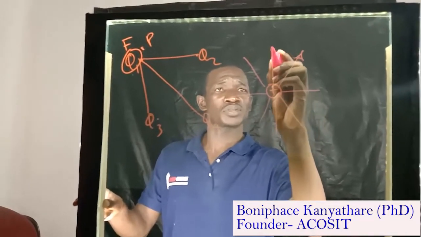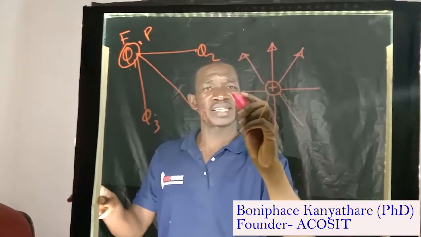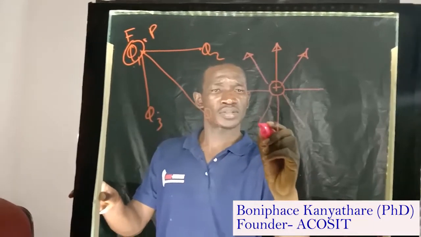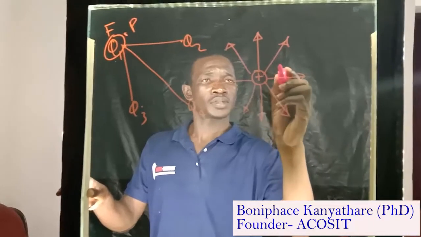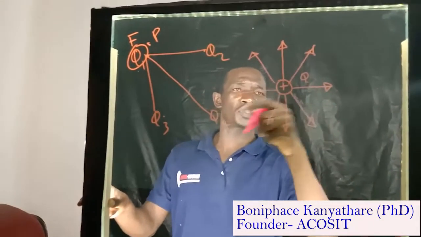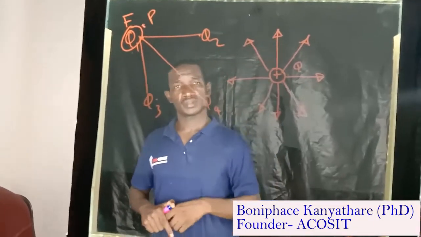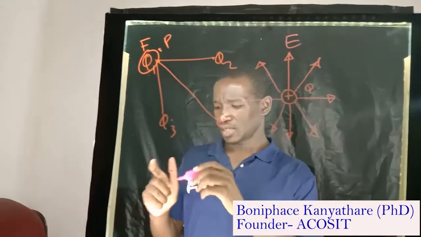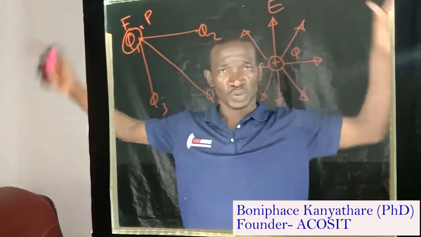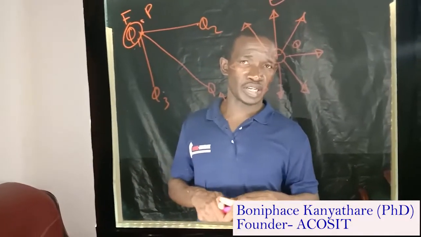So our arrows will point radially outwards. So if we have our Q here which is positive, the electric field E will point radially outwards. This is something very important to consider.